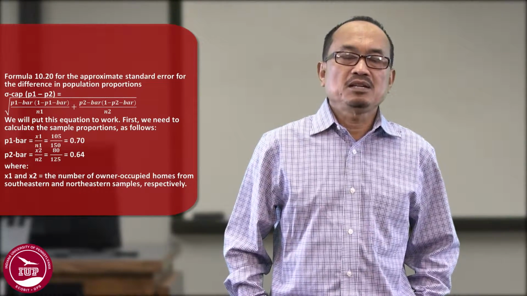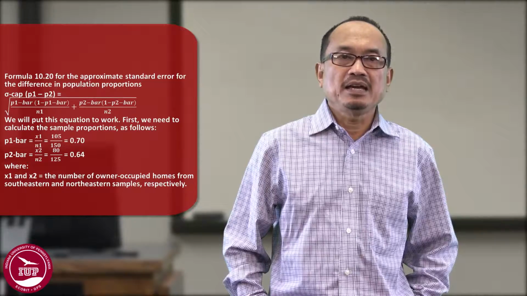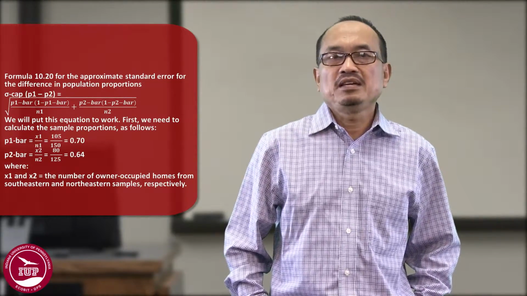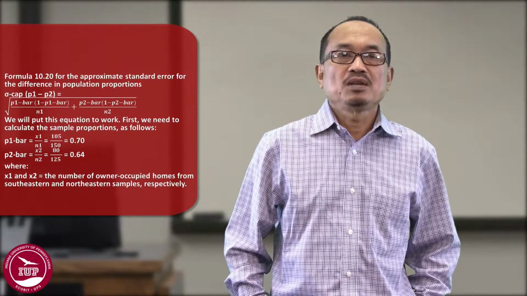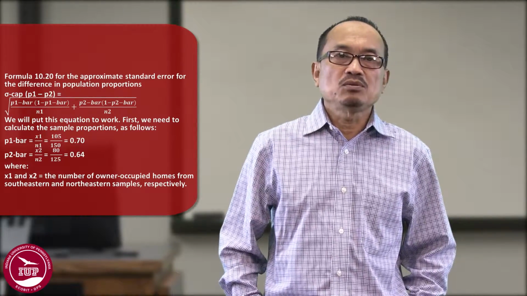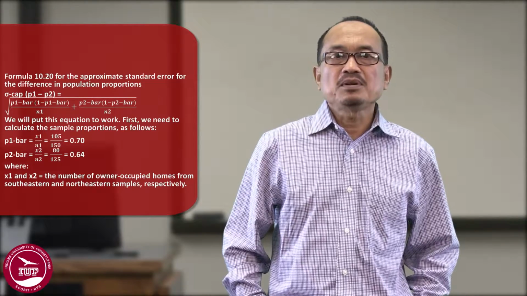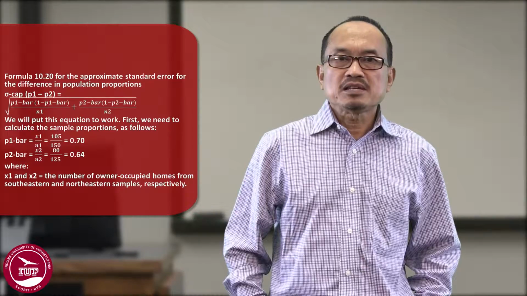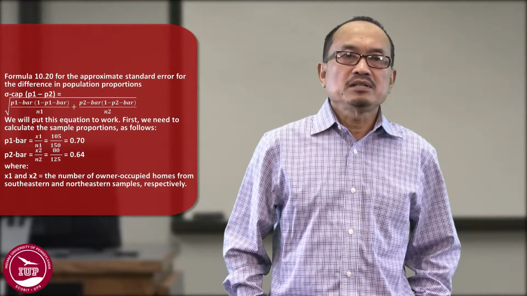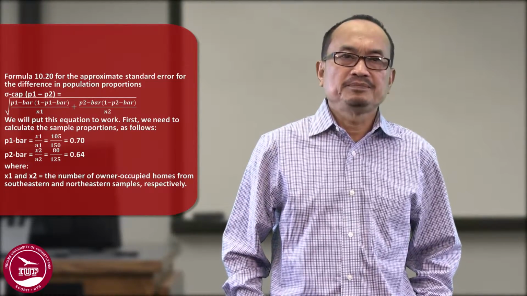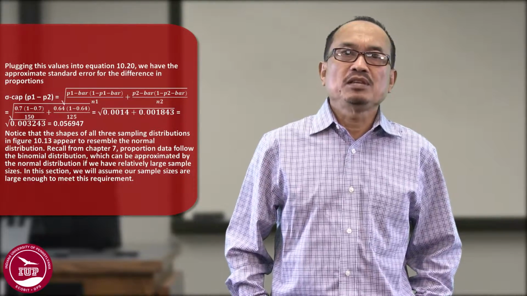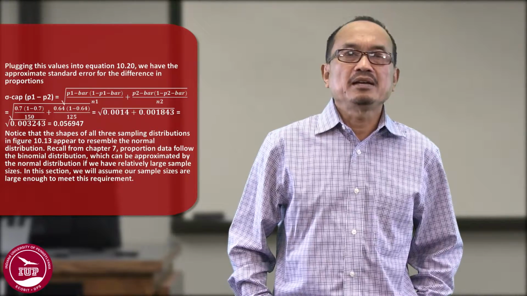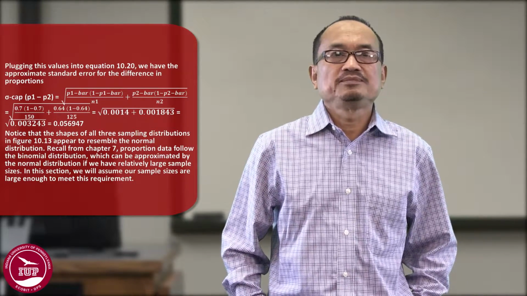P2 bar is equal to X2 divided by N2, equal to 80 divided by 125, equal to 0.64, where X1 and X2 are the number of owner-occupied homes from the southern and northern samples, respectively. Plugging these values into equation 10.20, we have the approximate standard error for the difference in proportions.